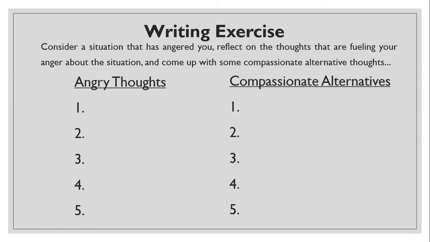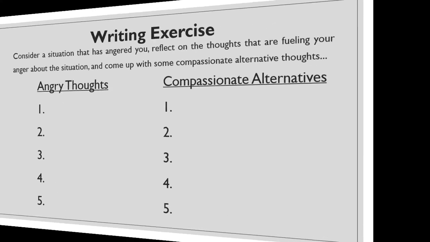So list 5 angry thoughts, 5 thoughts that trigger that feeling of anger within you, and then list 5 compassionate alternative thoughts. So go ahead and pause the video right now and complete that.